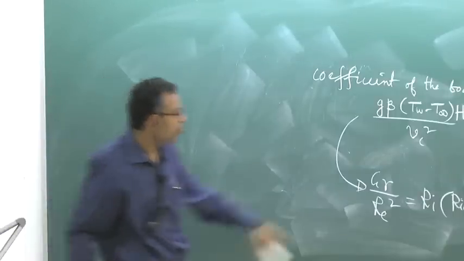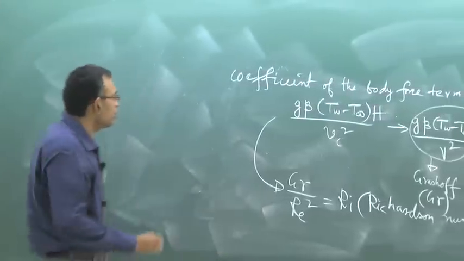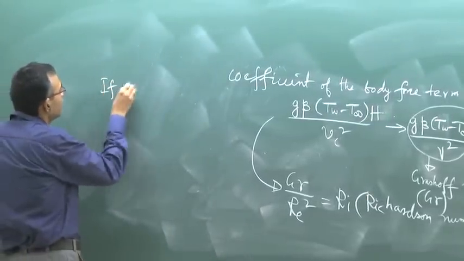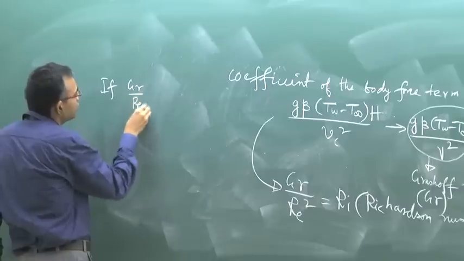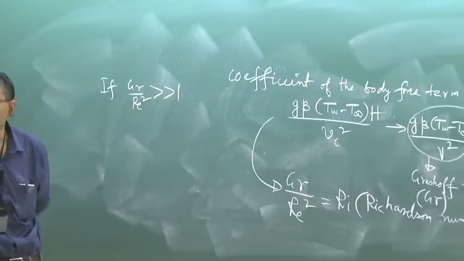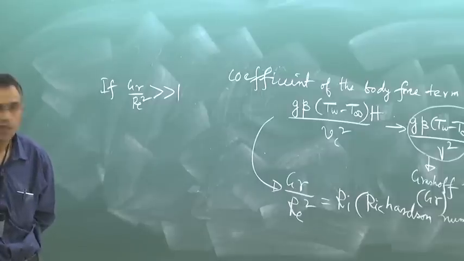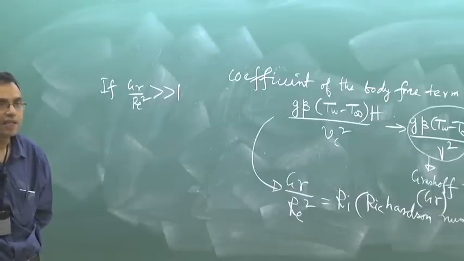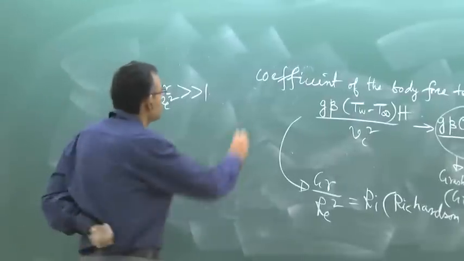So that clue is given by this term. So if Grashof number by Reynolds number square is much greater than 1, then what does it signify? It signifies that natural convection is much more important than forced convection.